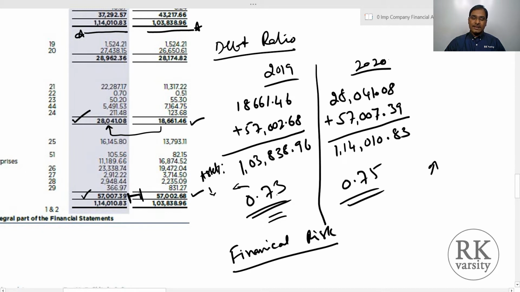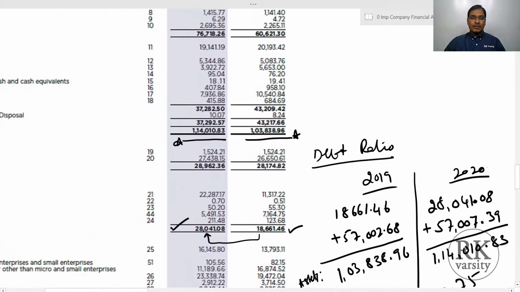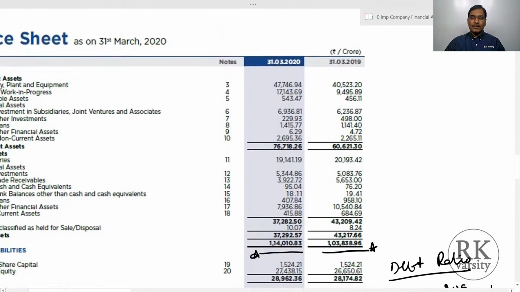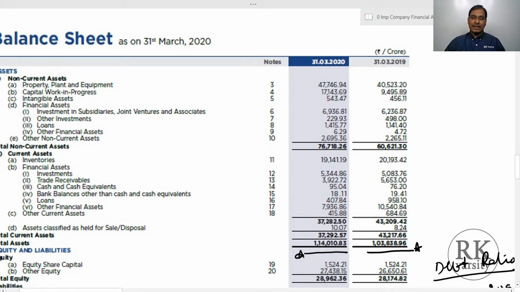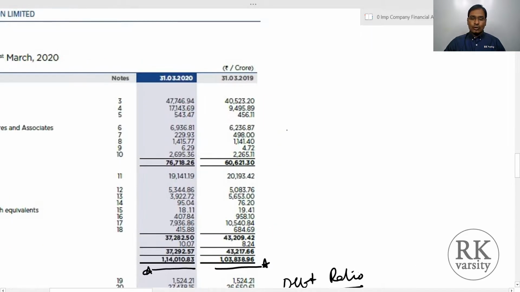In any case, this debt ratio is very high, and in the long run, if there is any impact on the company's sales or its revenue, or any change in economic conditions, the company will face adverse effects. But as long as the company is able to generate sufficient revenue, then this leverage will be an advantage to the company.